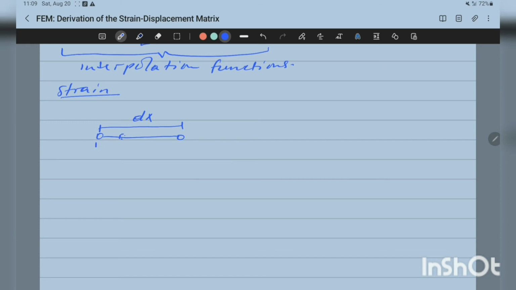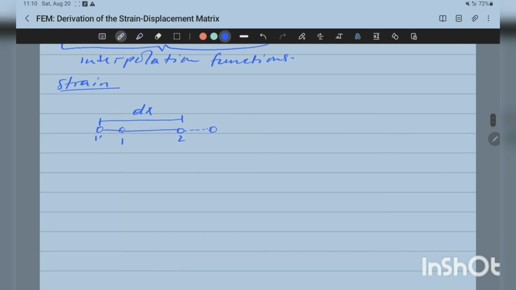This is node 1 prime, the new position of node 1, and node 2 will displace. If this small bar element is displaced from node 1 to node 1 prime and node 2 to node 2 prime, then this is a displacement, an extension, we don't know, and this also is displaced by u.